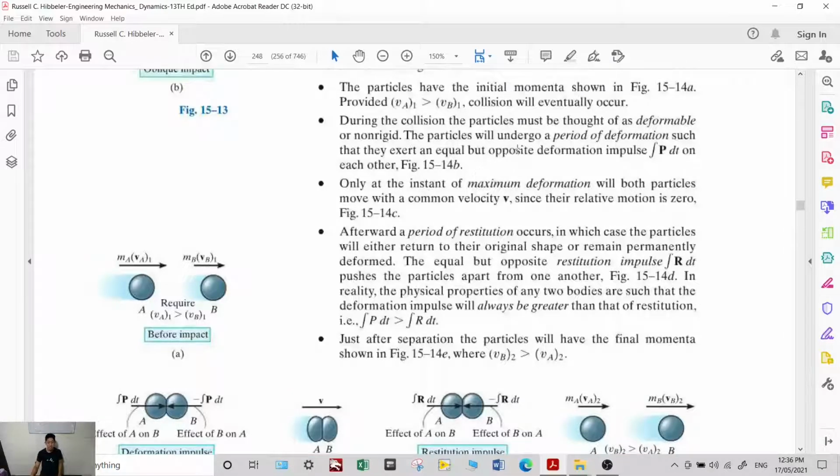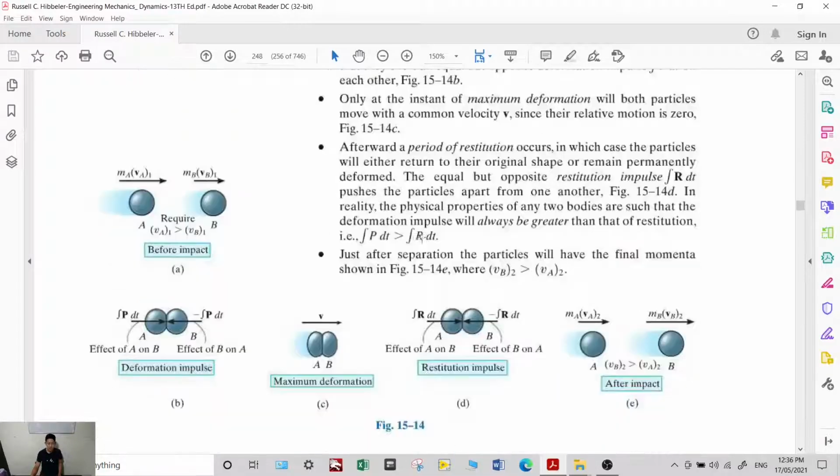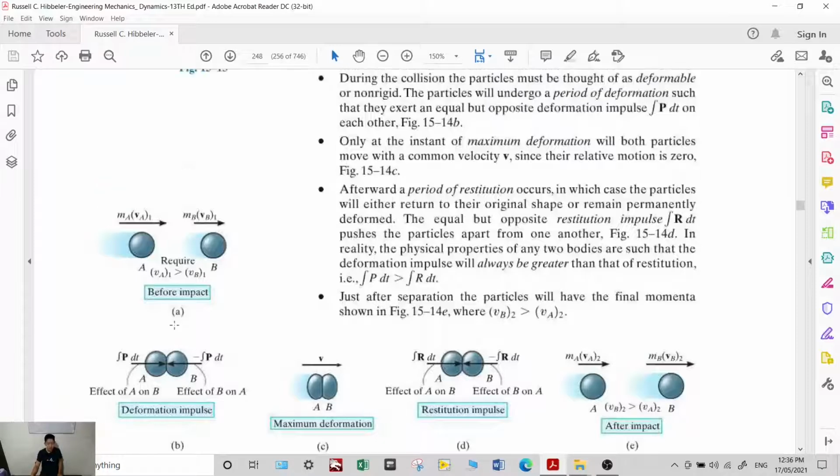So, the particles will undergo a period of deformation, and they exert an equal but opposite deformation impulse on each other. So when they collide, most likely they deform, causing a deformation impulse, and they exert an equal and opposite impulse on each other.